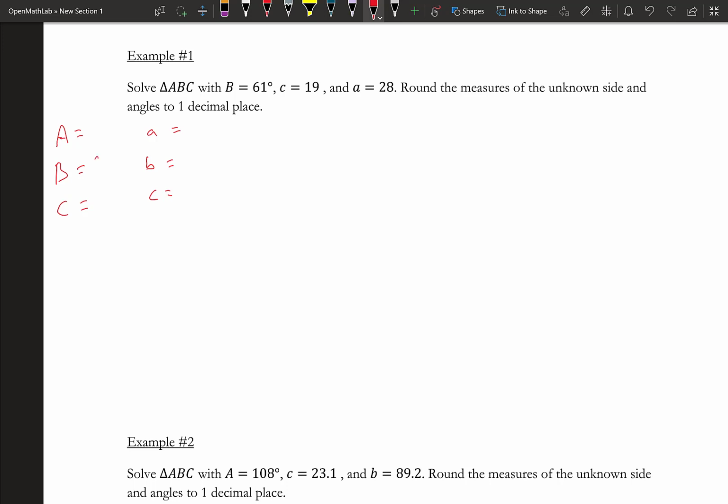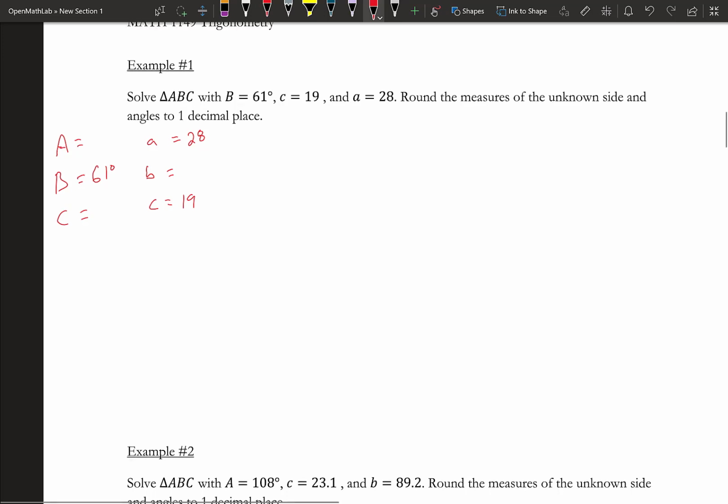B is 61 degrees, c is 19, a is 28. Sorry, c is just 19 units. We don't know the units, and it would be a side length, it wouldn't be degrees anyway. But a is 28. And we want to round the measures of the unknown sides and angles to one decimal place.